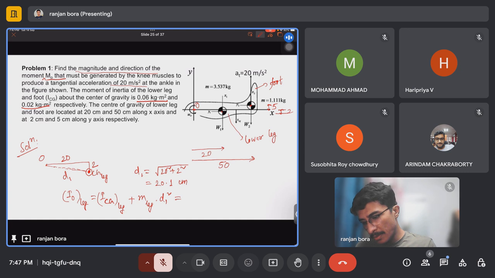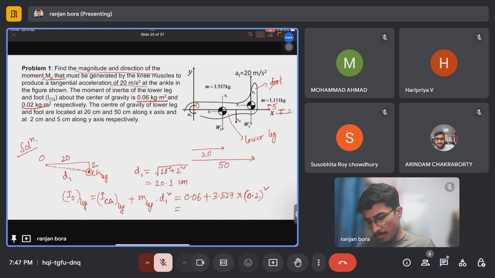So it will be moment of inertia about CG, given 0.06, plus mass given 3.537, d1 is 20.1 centimeter, 0.2 in meter, square.